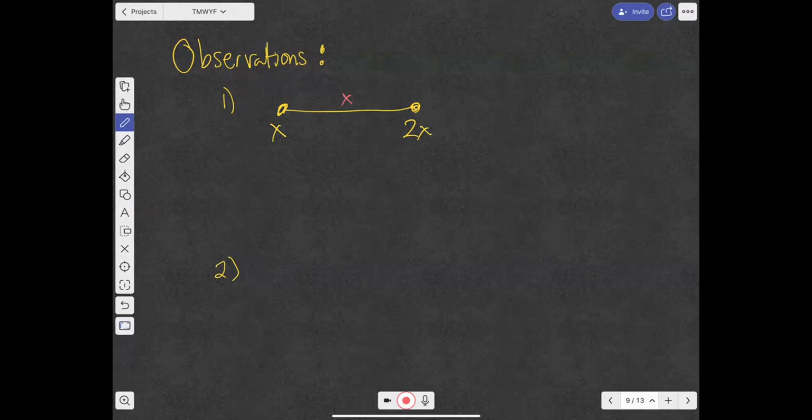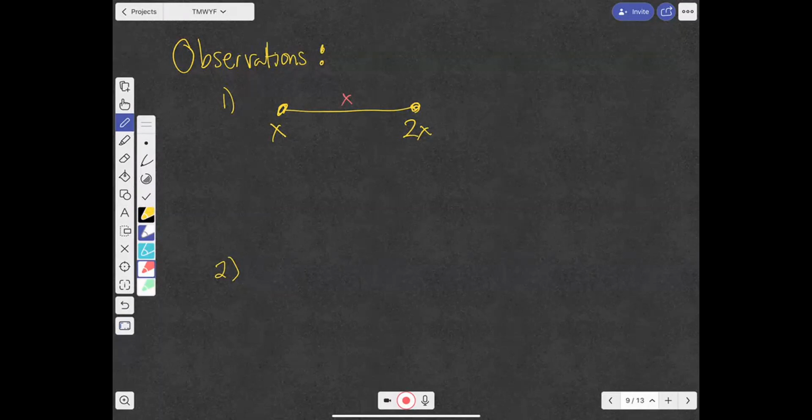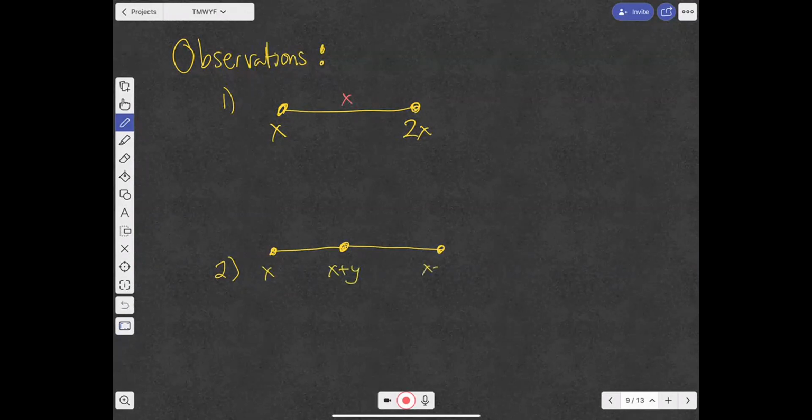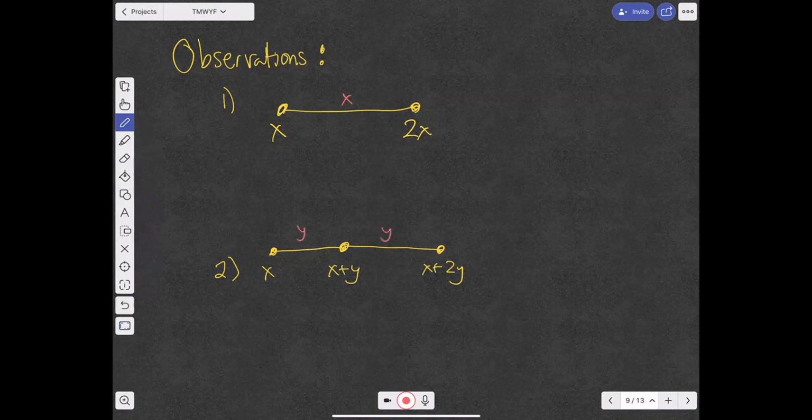That was basically that we would have two edges that were incident that had the same label. So that could happen kind of in two ways, right? If we had something like x plus y, x plus 2y, so if we had like an arithmetic progression here, then both of these are y's, and that's bad.